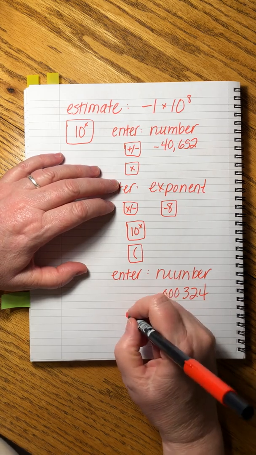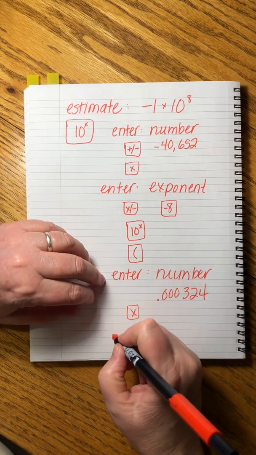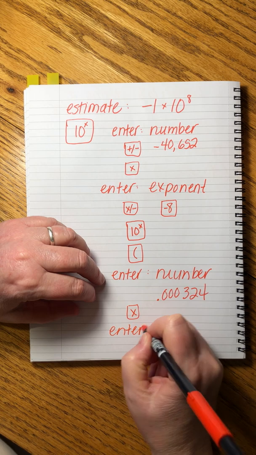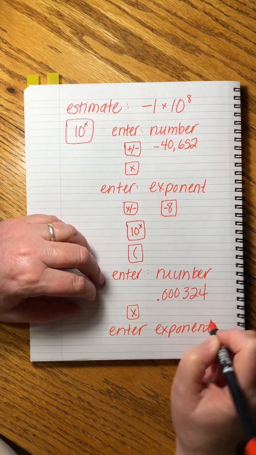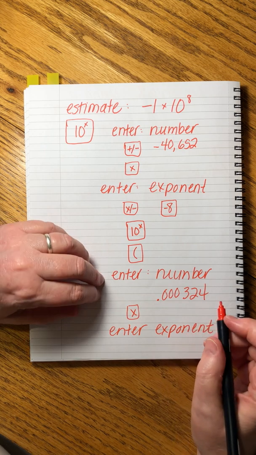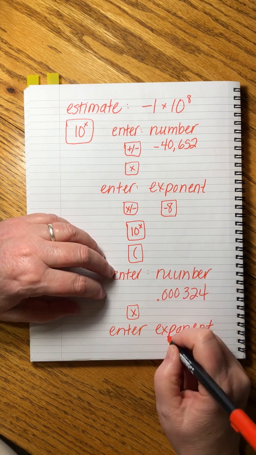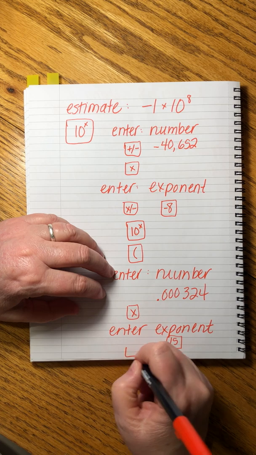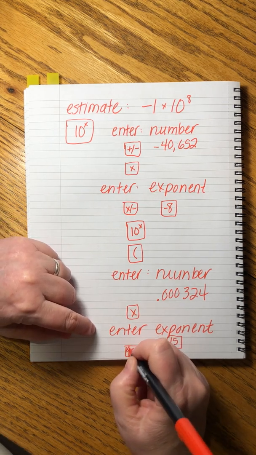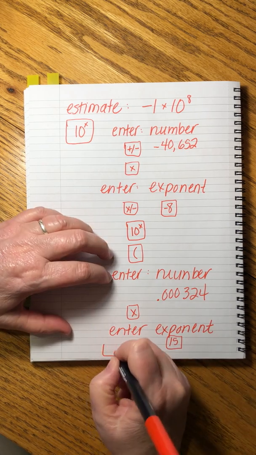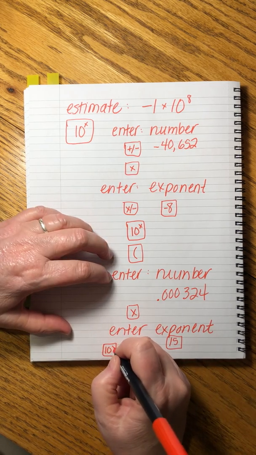Then you'll do times, then you'll enter the exponent, and in this case it was 15, and then you hit 10 to the x.